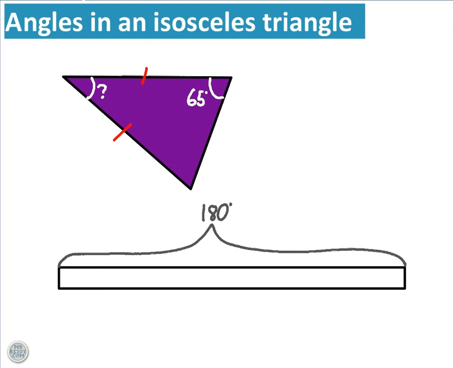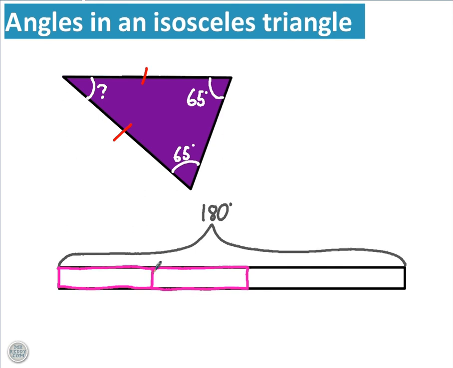Well, use the information that this is an isosceles triangle to help you. If this is 65, then this other base angle is 65 degrees as well. So we've now got two base angles, each measuring 65 degrees. So let's put those on. 65 and an identical one of another 65.